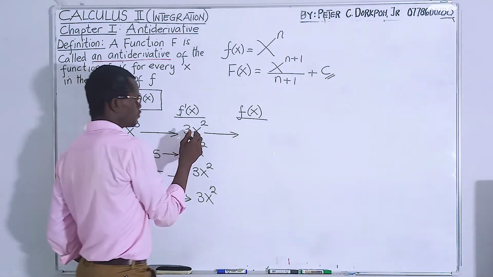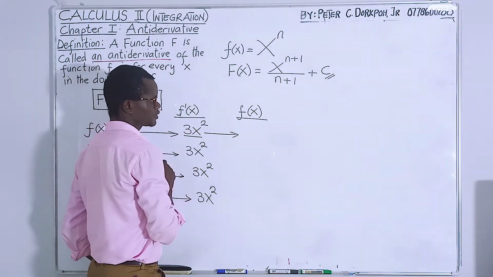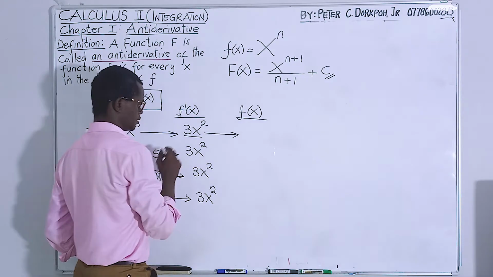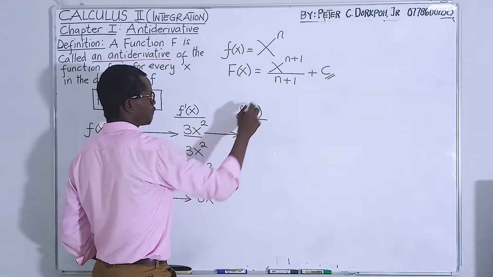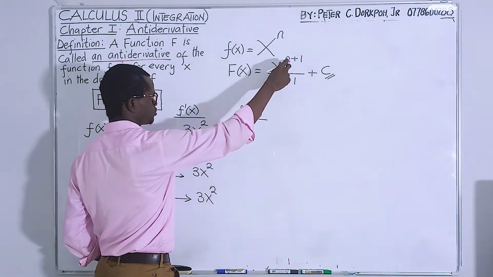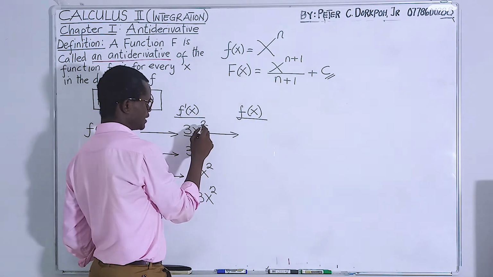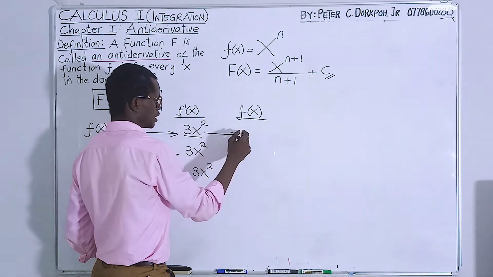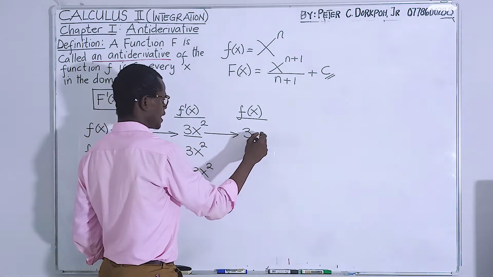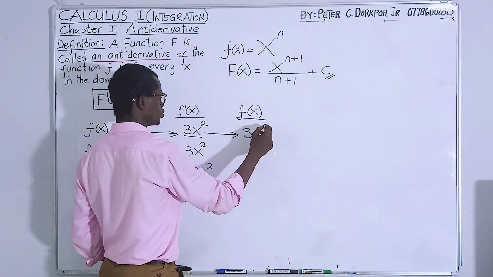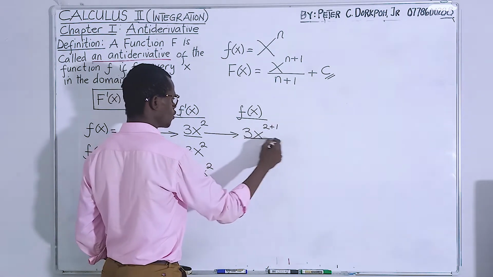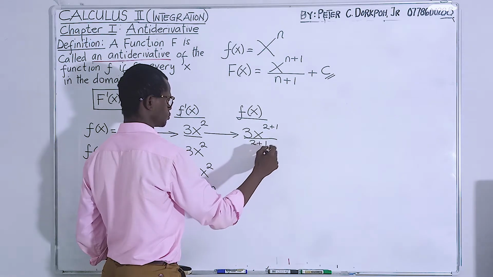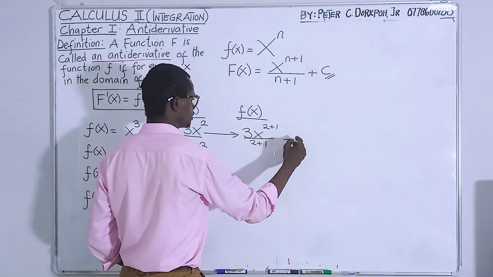Now, if you are to find the antiderivative of this, you have x raised to the power n plus 1. The n here is 2. So you have 3x raised to the power 2 plus 1 all over 2 plus 1. What is this equal to?